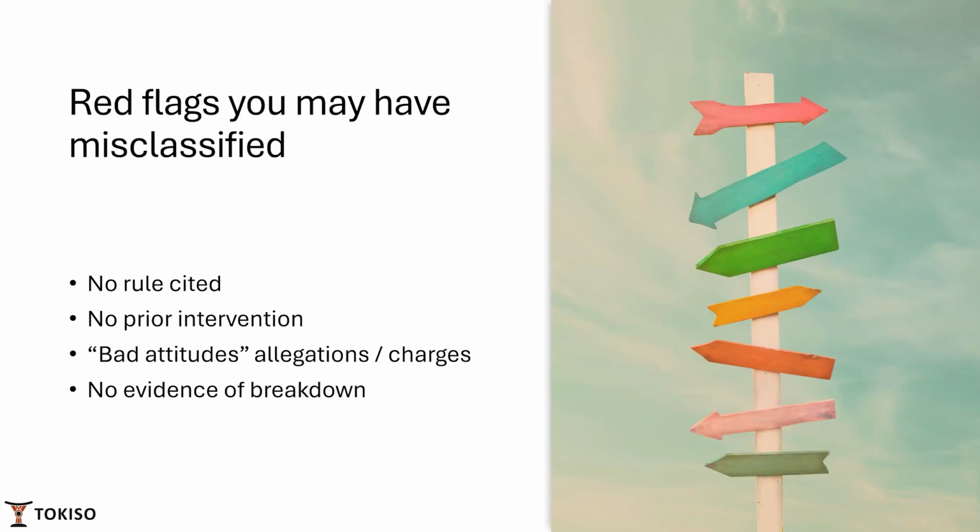And where there's no evidence of breakdown, be wary where someone is cited as a problem employee. Once again, labeling an individual as a problem employee could be problematic, in that an employer could just be looking for a charge without having substantial evidence to support it.